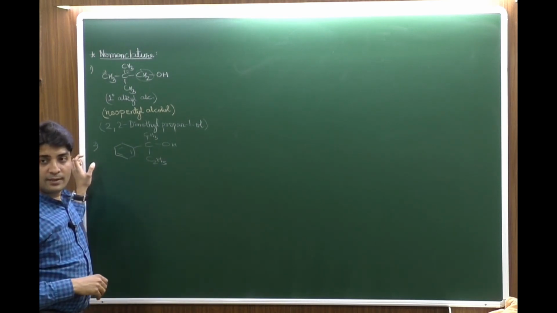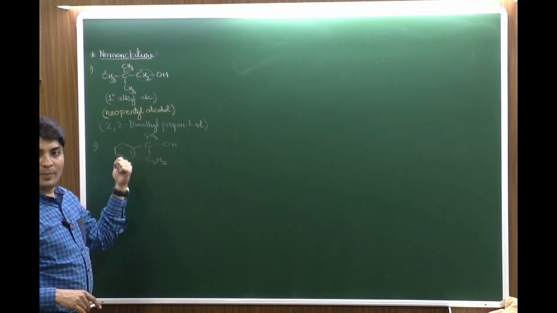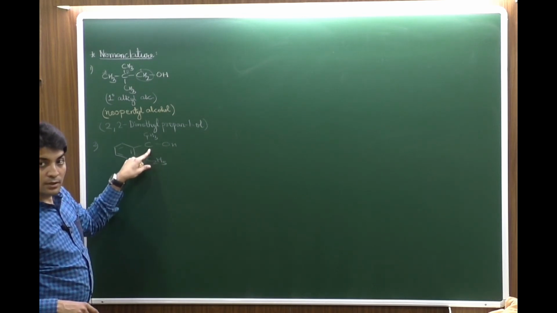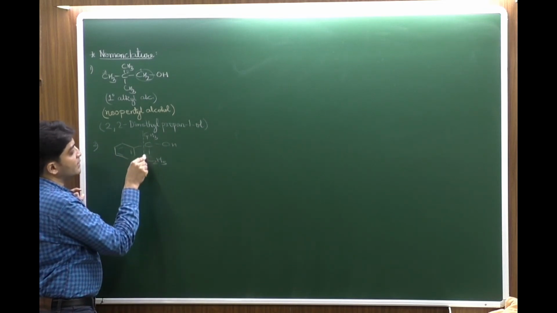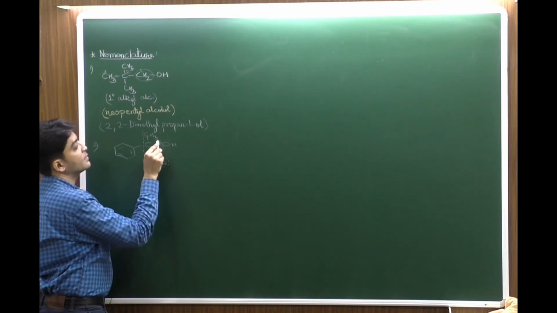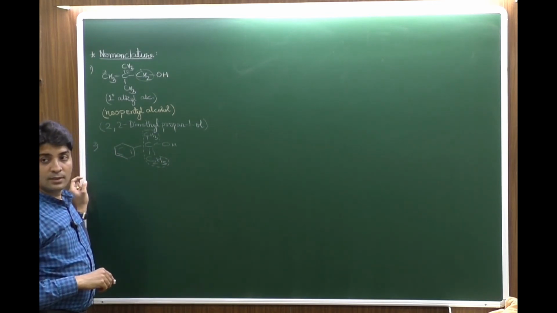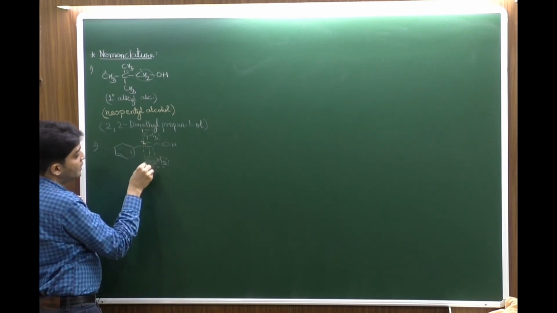In IUPAC, here the longest chain will be the open chain. You can't include the benzene ring because the OH is on the carbon of the open chain and not on the benzene. So the longest chain will be of these 4 carbons and numbering will be done such that the OH gets the least possible number, hence the numbering will be 1, 2, 3, 4.